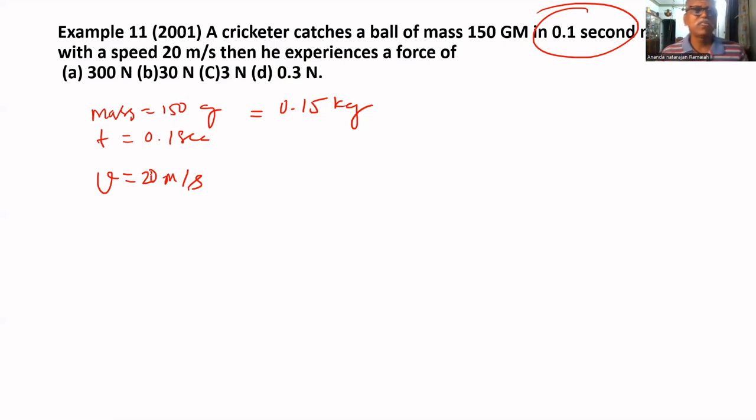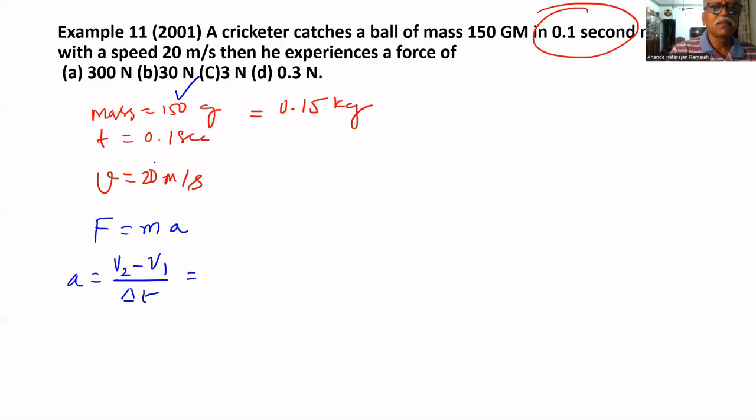Then force equal to what? Force equal to mass into acceleration. Mass is given. Acceleration we can find: change in velocity v2 minus v1 divided by delta t.